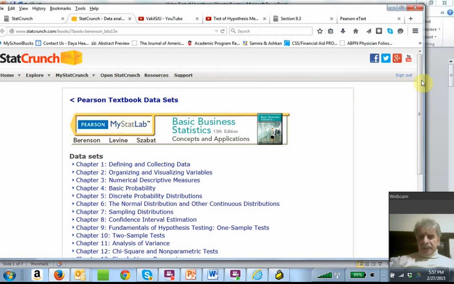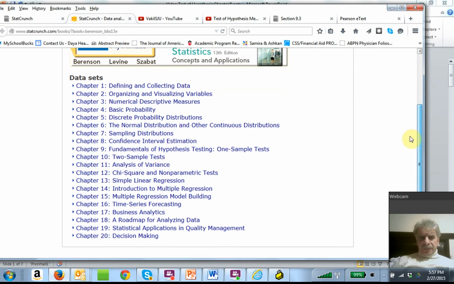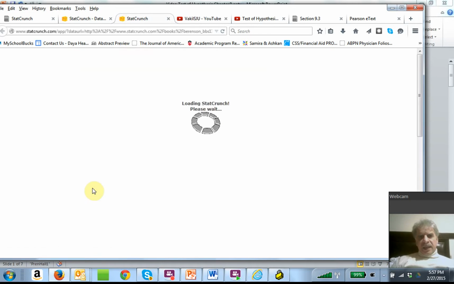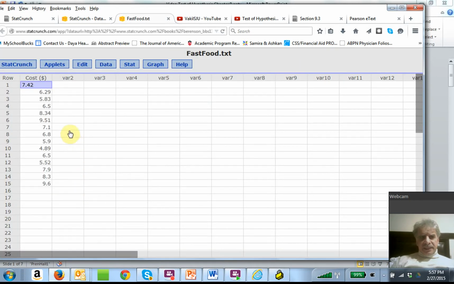It provides the list of chapters. This problem is in chapter 9, and the name of the file was the fast food file. So let me access it, and right away I have the data in StatCrunch.